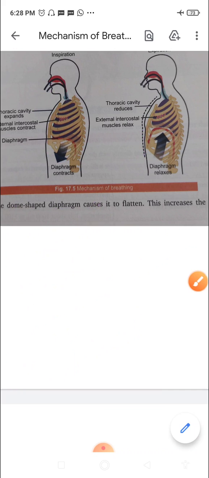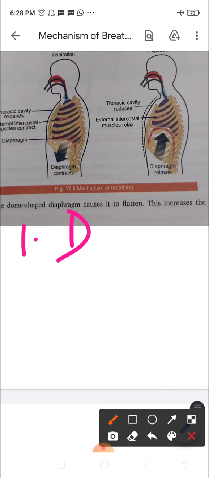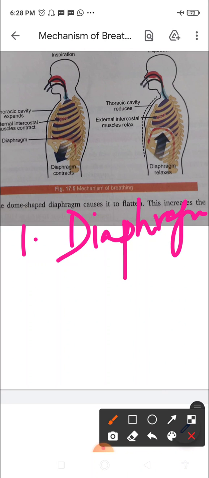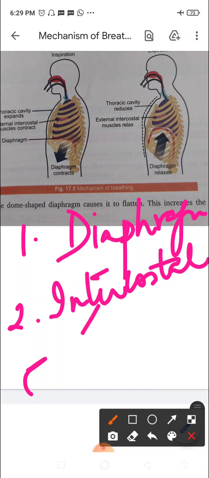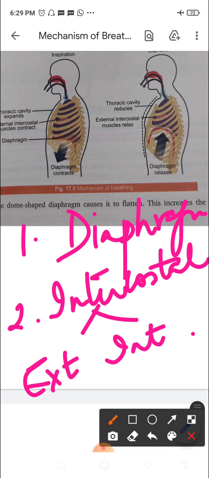So what are the things involved? Number one, the diaphragm. There is also a specialized set of muscles known as the intercostal muscles. Intercostal muscles are always found in pairs, antagonistic in nature: external intercostal muscles and internal intercostal muscles. Now where are these muscles present? They are present in between the ribs.